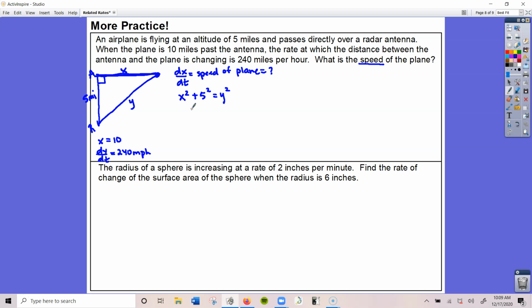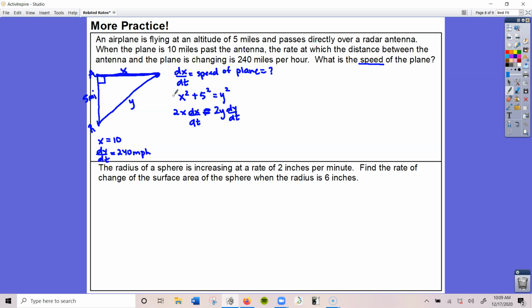When I find the derivative, we get 2x dx dt, which is what I'm trying to solve for, plus, well, not plus anything, it would just be 0, right? Because 5 squared is 25, and the derivative of that is 0, equals 2y, and then dy dt.